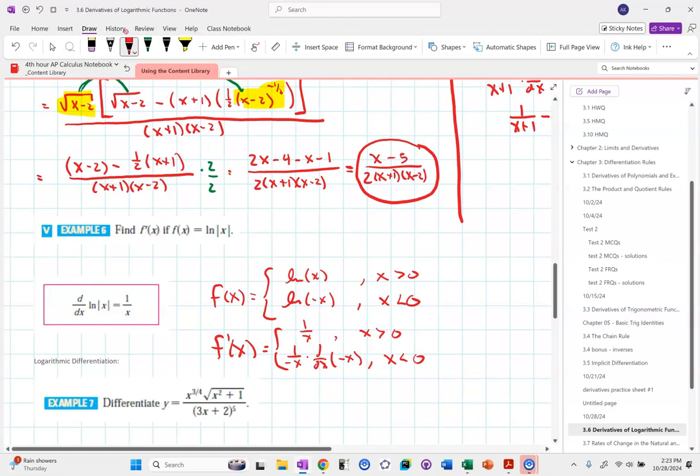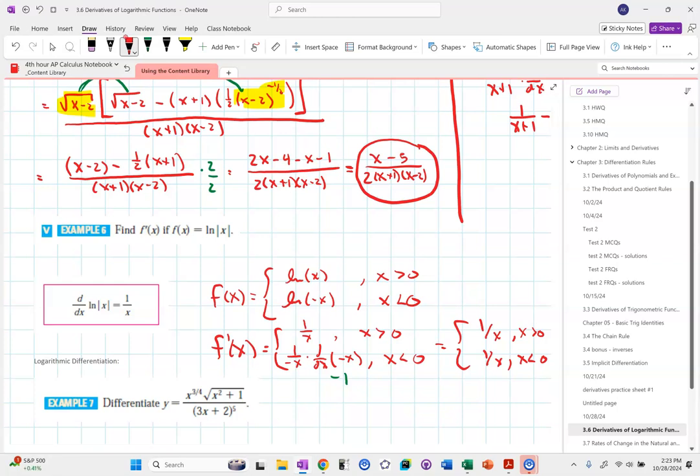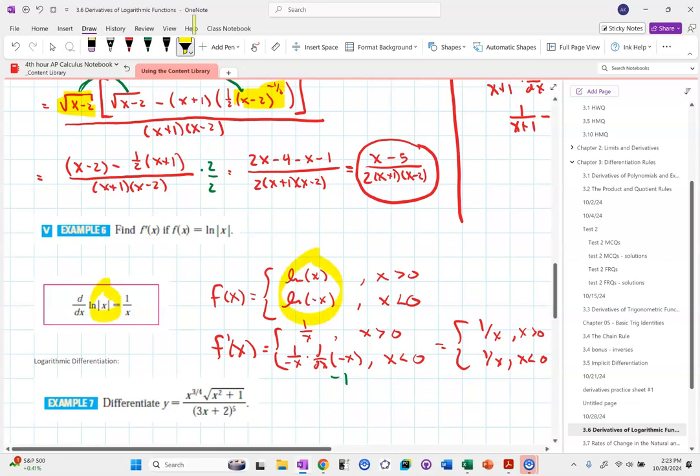What's the derivative of negative x? And what do I get then? Just 1 over x. Oh, Mr. Kulik, very sneaky. Everybody's okay there? So again, that's like the second or third time we've used that piecewise definition for an absolute value to deal with a problem. We're adding an absolute value in it.